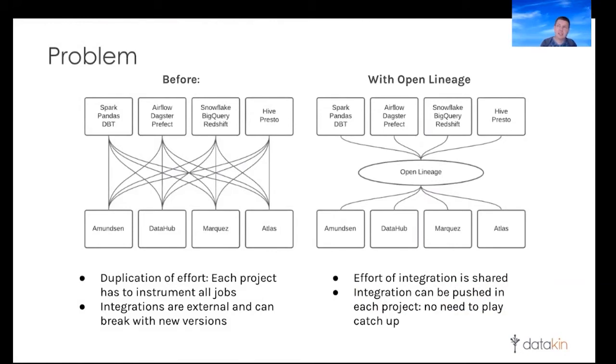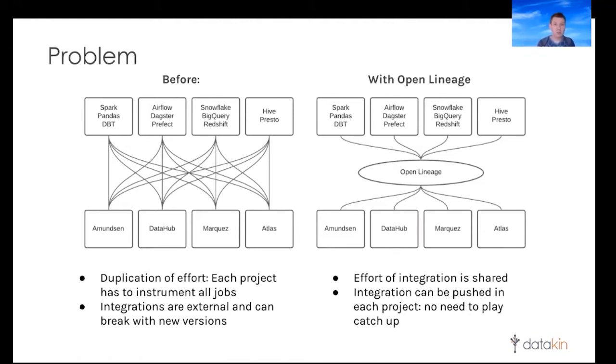And it solves a common problem, right? There are a lot of projects that care about collecting metadata, like Amundsen, DataHub, Marquez, Atlas, which care about collecting metadata and lineage. And for all those projects, there's lots of duplication, and they all need to extract this lineage and reverse engineer all those systems that inherently contain lineage and metadata.